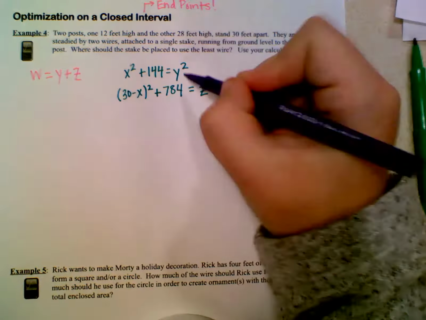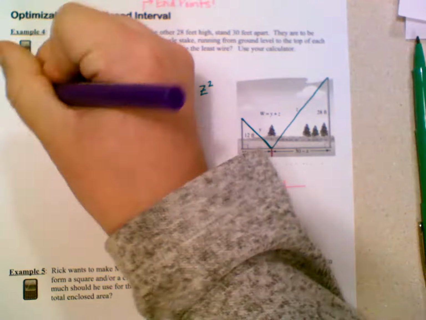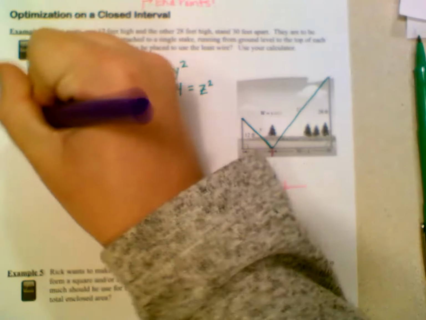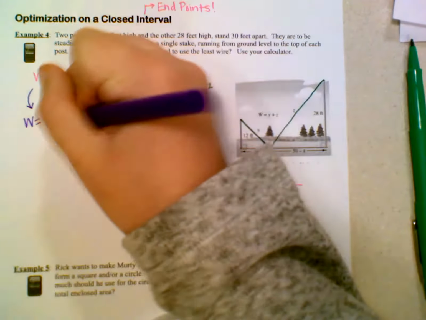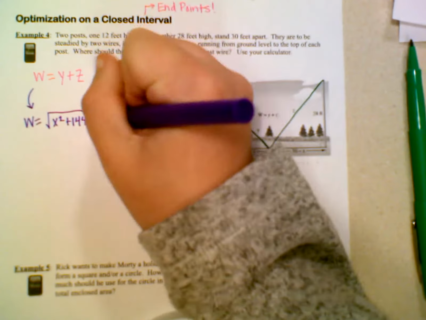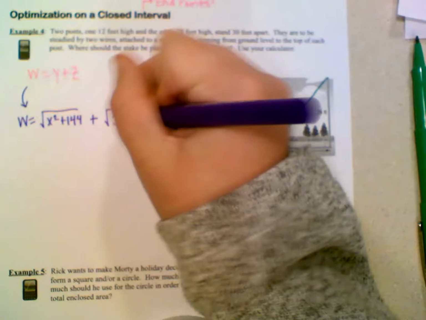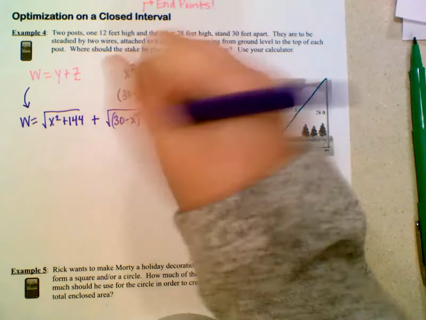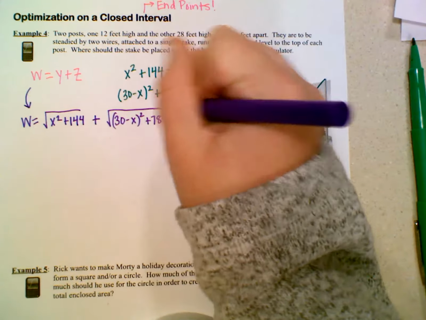All right, one more thing. This is y, this is z, this is y squared and z squared. So when you plug them in, you're going to have to put them in square roots, right? So here's our primary equation. W equals the square root of x squared plus 144, and then plus z, so that's the square root of 30 minus x squared plus 784.